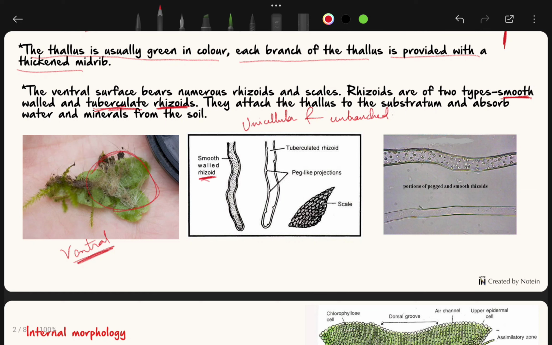This is the smooth-walled rhizoid, and in tuberculate rhizoids you'll find peg-like projections. These sharp points that you can see here, these peg-like projections, this type of rhizoids are known as tuberculate rhizoids. Along with the rhizoids, you'll also find the presence of scales. These scales are multicellular.